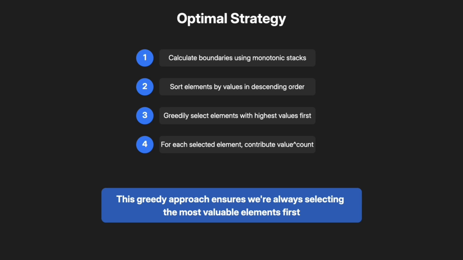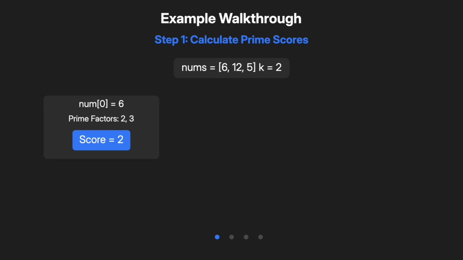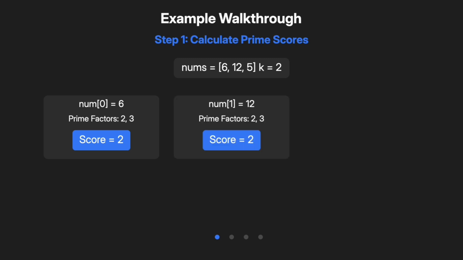Let's walk through the solution with the example. Nums equals 6, 12, 5, and k equals 2. In step 1, we calculate the prime scores for each number. For 6 at index 0, the prime factors are 2 and 3, giving it a prime score of 2. For 12 at index 1, the prime factors are also 2 and 3, resulting in a prime score of 2.